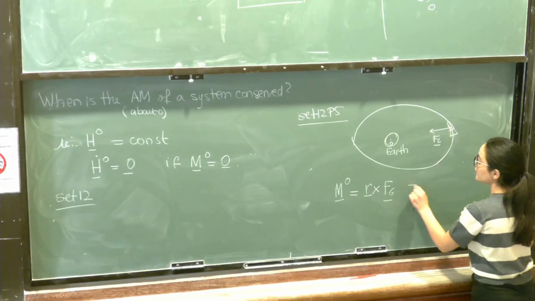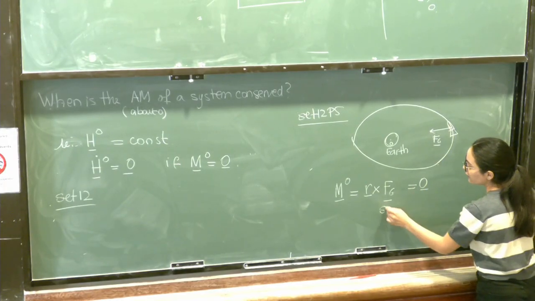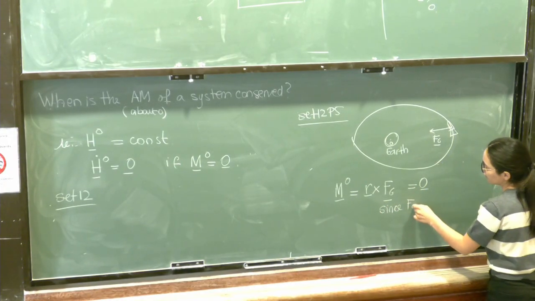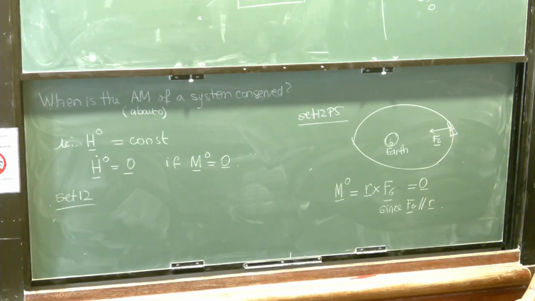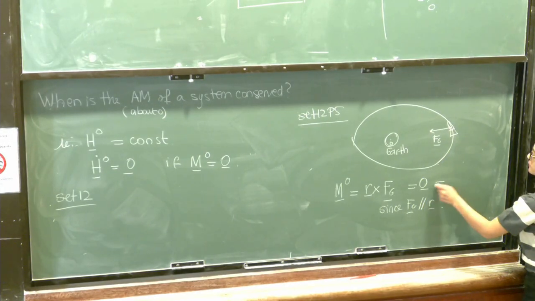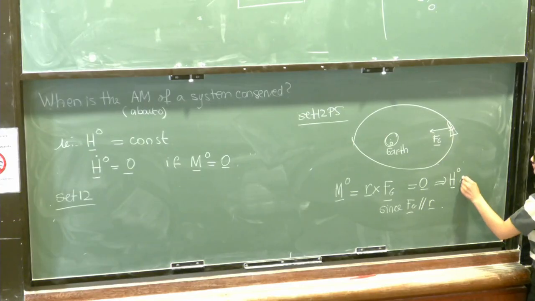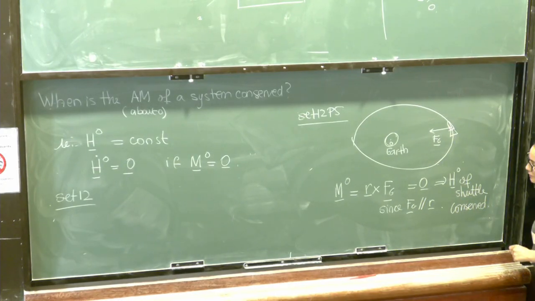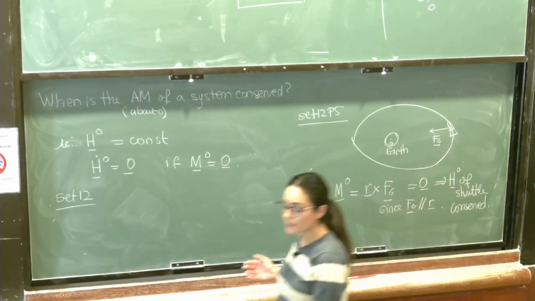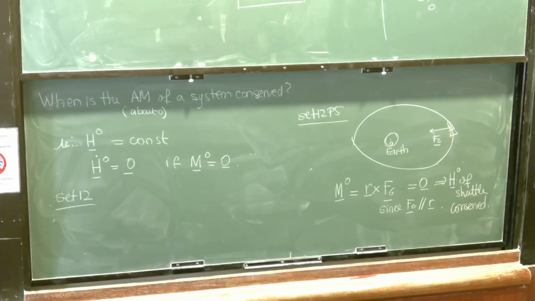So that's equal to 0. So what can you say about the angular momentum of the space shuttle during its motion? Exactly. The angular momentum of the space shuttle is conserved during its motion.